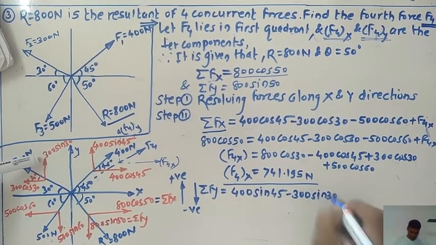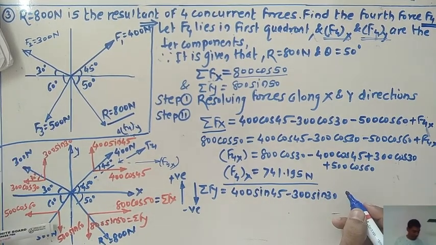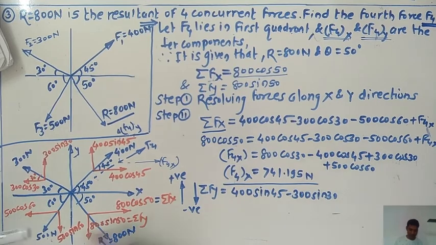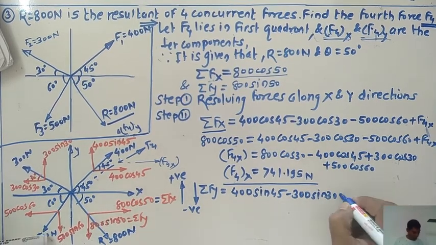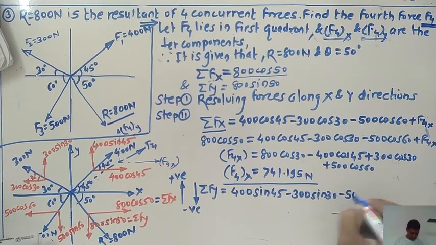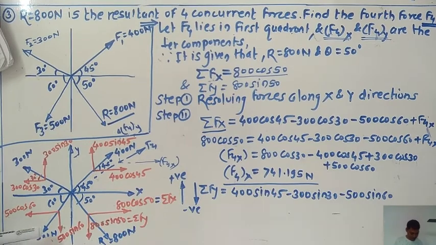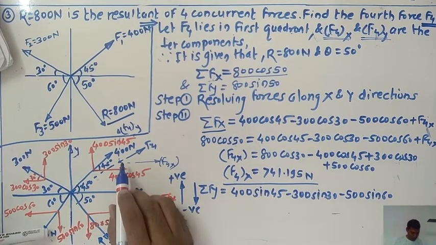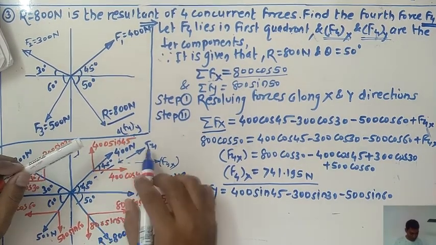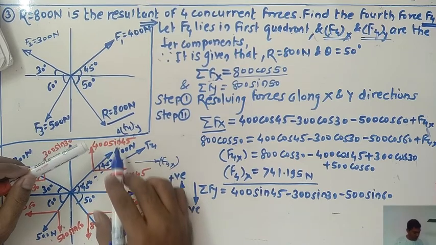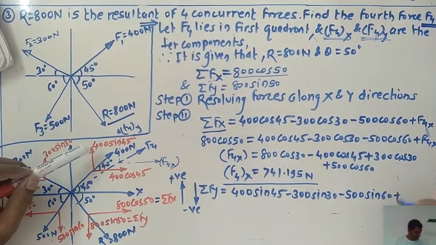Apart from this one, just look at this force. This force is running vertically in the downward direction, so consider this force as negative. Apart from this, we assume the component of this F4 lies vertically upward in the first quadrant, so just consider this one F4y.